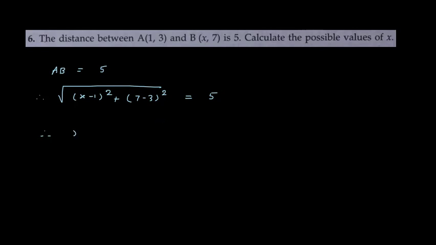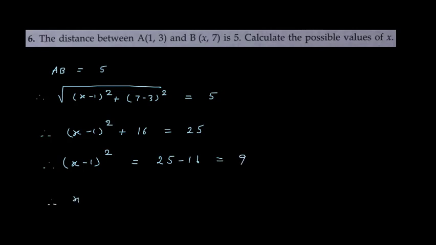Squaring on both the sides we will get x minus 1 the whole square plus 7 minus 3 is 4. Square of 4 is what? 16. And here square of 5 is what? 25. Okay. So therefore I can say that this x minus 1 the whole square is equals to 25 minus 16. 25 minus 16 is 9.